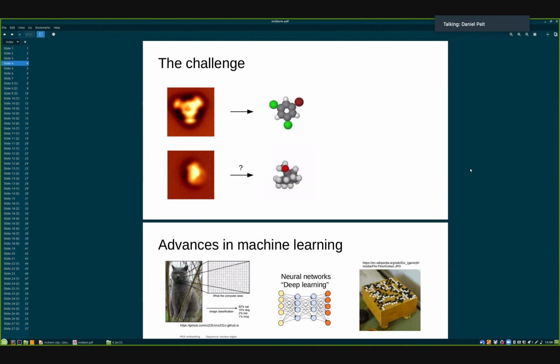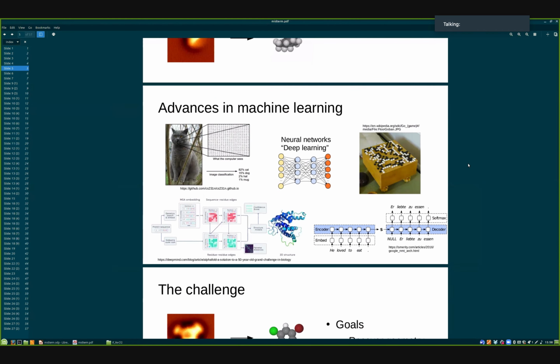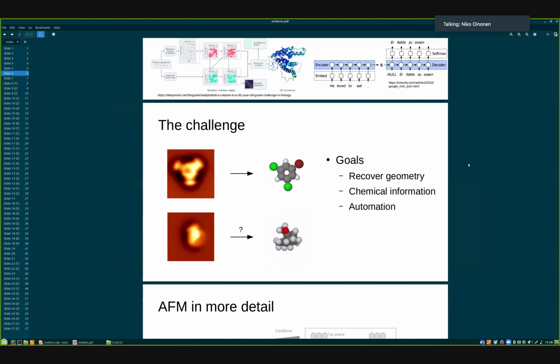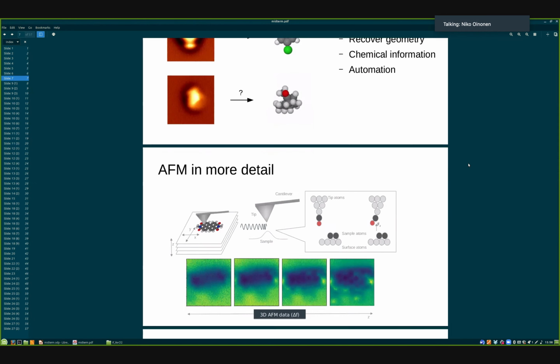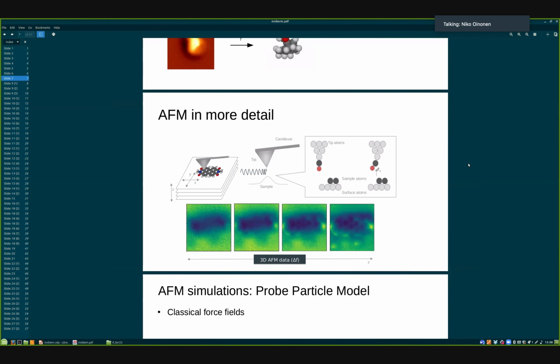I'm not an expert at all on AFM stuff, but I guess usually you have some kind of idea of what you are scanning, right? It's not completely random. So then it's not really a problem because you can just choose your training data such that it fits with what you expect to find, I guess. Yeah, at least to some extent, or the experimentalists usually want to know what is in their experimental setup.